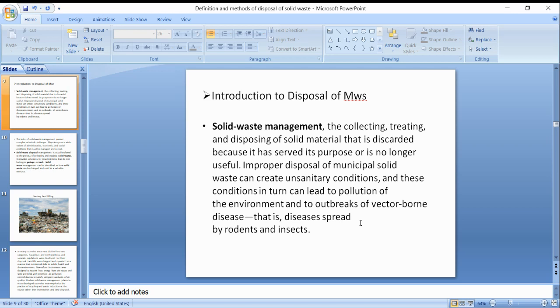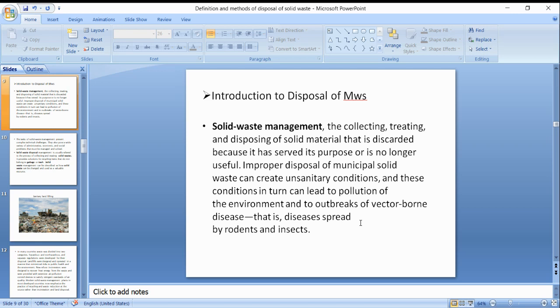After the recycling and reuse materials are taken out, the other materials are sent for final disposal. So in disposing, we are throwing out what is not in use, that is, what we are not using for recycling and reuse. Those materials we are disposing.